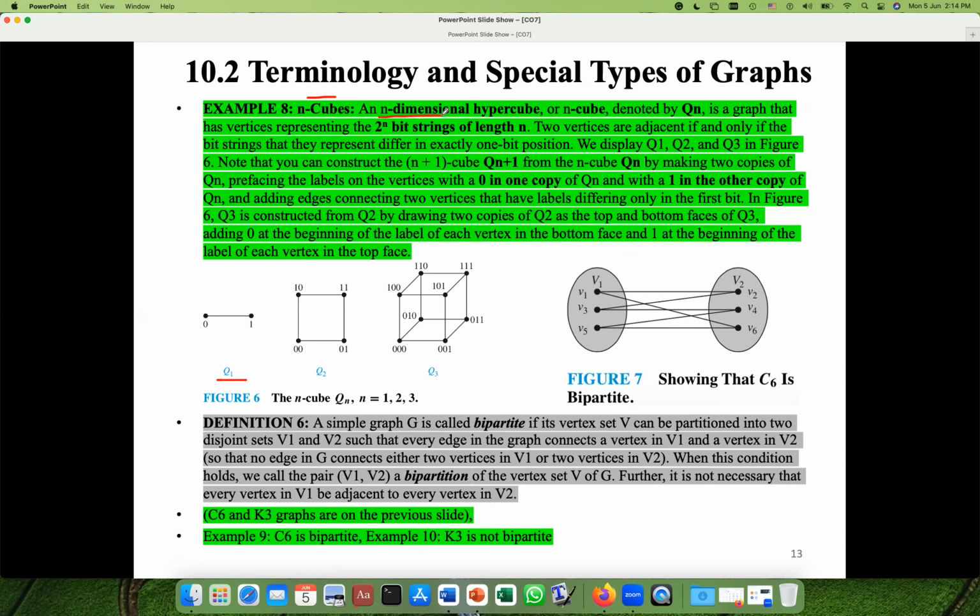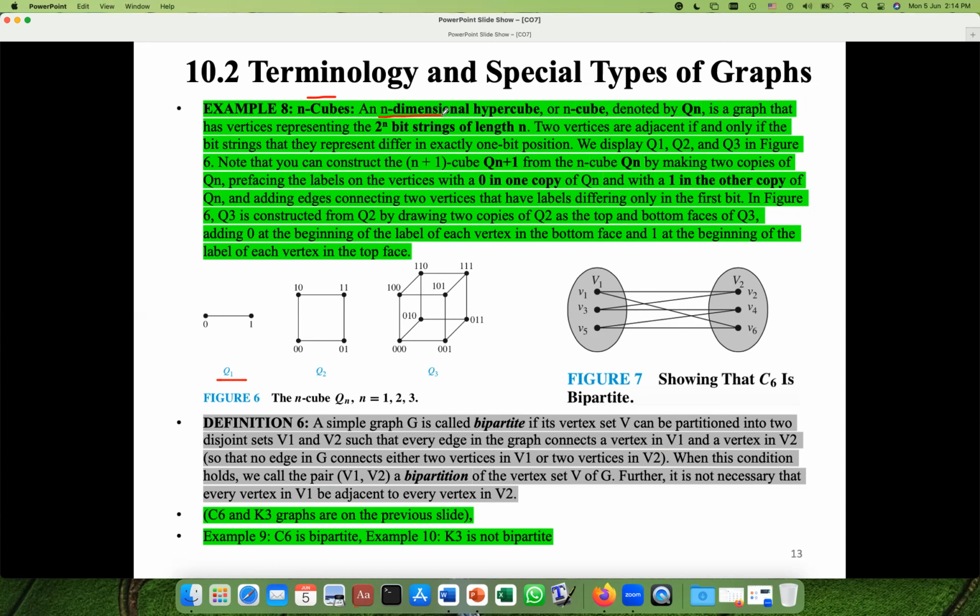And here, these are adjacent to each other. This is 0 and here it is 1. So this bit is the same and they differ in only this 1 bit. Similarly, look here. This right hand side bit is the same, only the left hand side bit differs. So this is the second thing to keep in mind: the adjacent vertices must have a difference of 1 bit only.